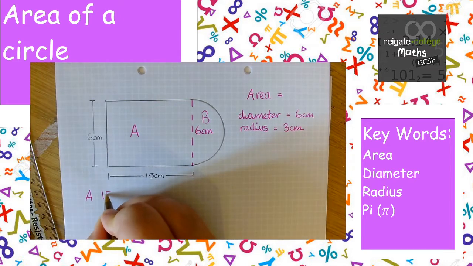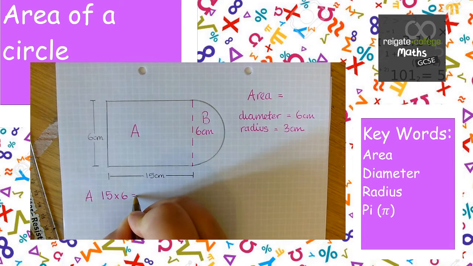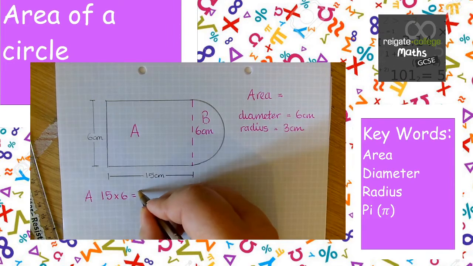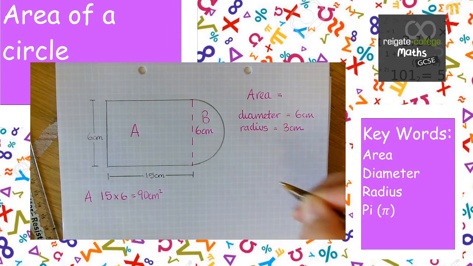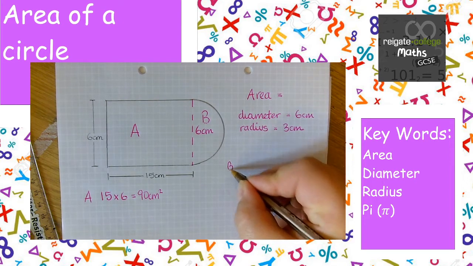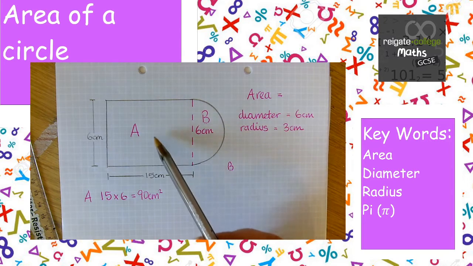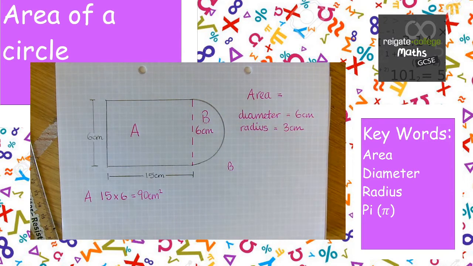Length times width gives me the area of shape A, 90 centimetres squared. Shape B is slightly more complex. First of all, I'm going to work out the area of what would have been the whole circle.